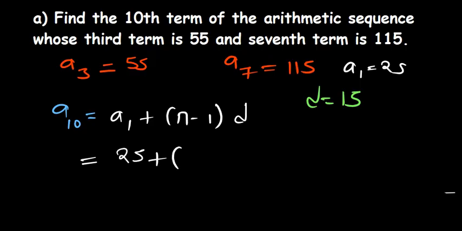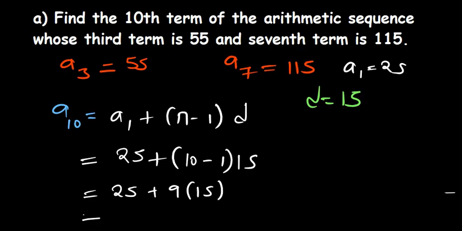For n minus 1, that's the 10th term, so 10 minus 1, multiplied by the common difference 15. 25 plus 9 multiplied by 15, right? 9 times 15 is 135. 135 plus 25 is 160. So the 10th term of this AP is 160.